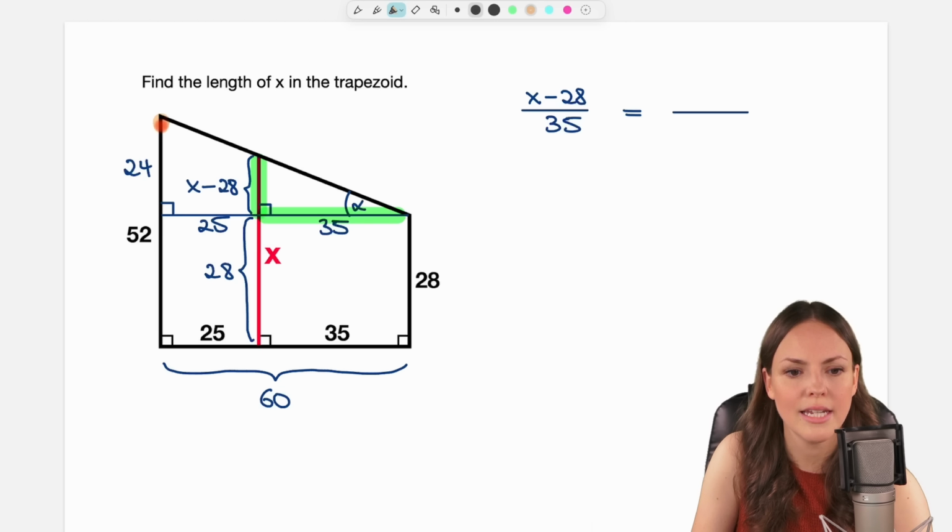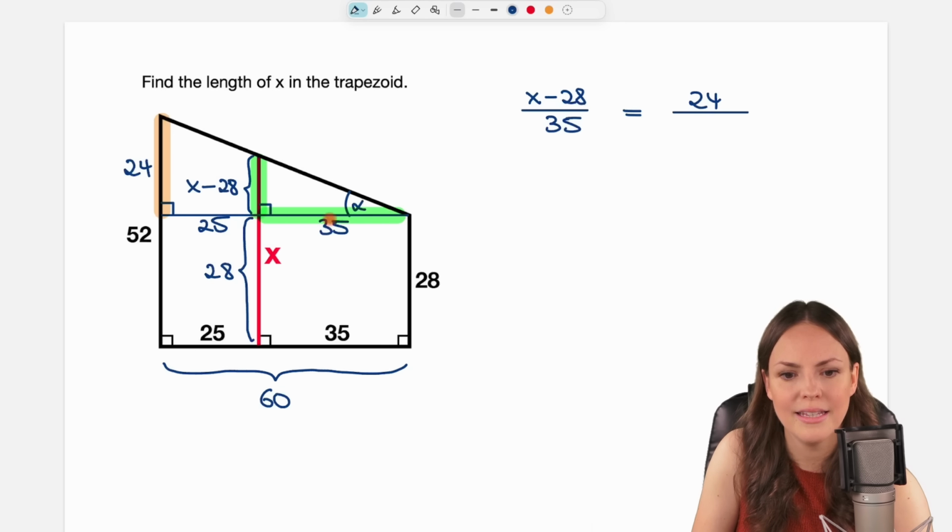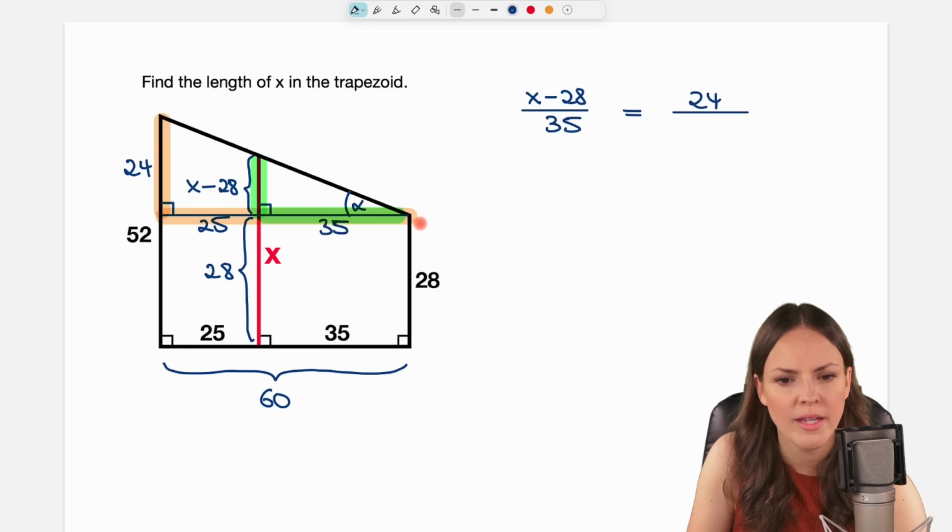So we have to take this parallel side first, the 24, and divide this now by, here we had this part here, so from the right angle to alpha. In our large triangle, this would mean from the right angle to alpha. And how long is this side? This is the 60. So let's write down the 60 here.